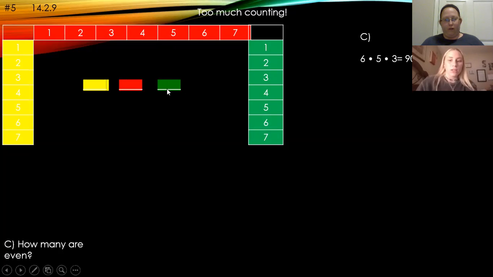So since you've already used 1 number in the back, you can only have 6 options for the first number, and you can only have 5 options for the second number. So for how many are even, it's 6 for the first number times 5 for the second number times 3 for your last number. So you only get 90 possibilities that they're even.